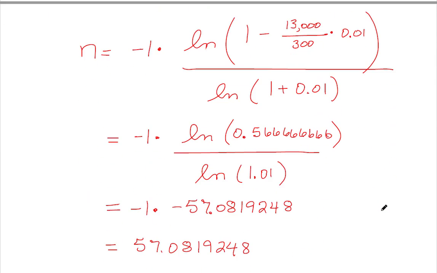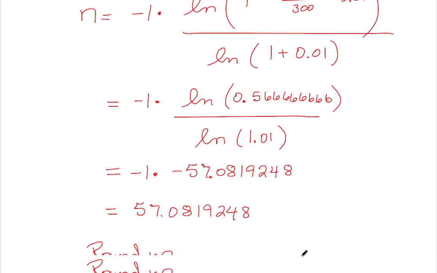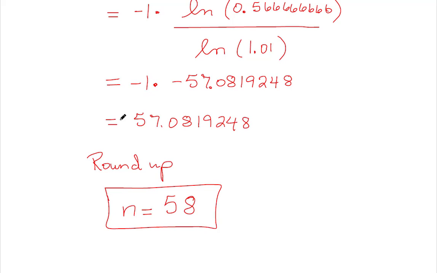Plugging in all the numbers, all right, plug in the present value, our payment, our I. All right, so we get this multiplied by -1. And then rounding, they say round up to the nearest whole number.